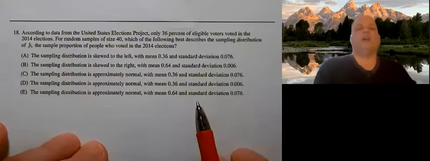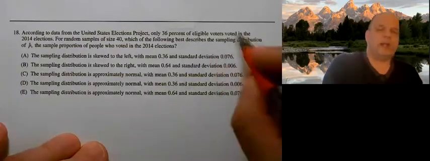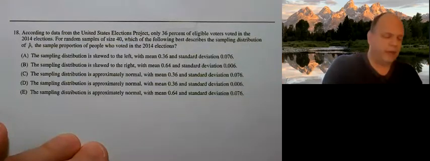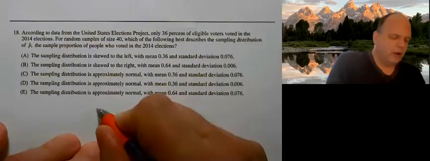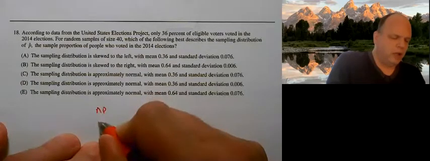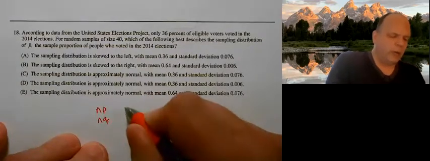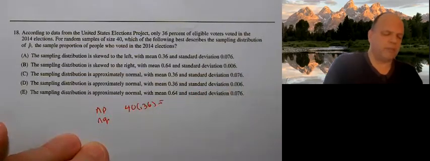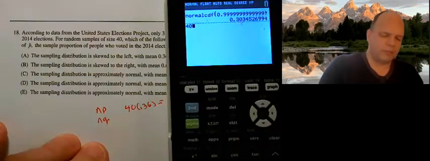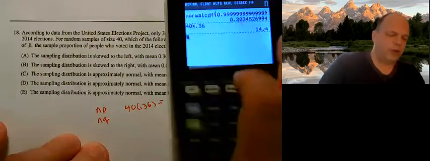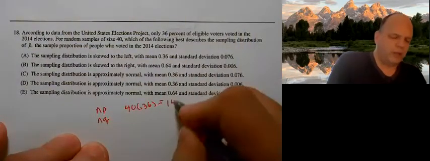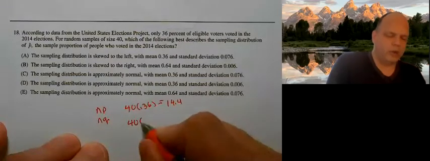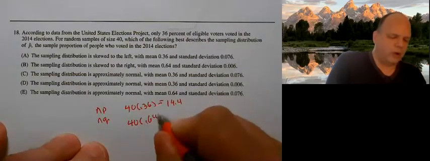Because we have a sample of size 40, we know that it's going to be normal by central limit theorem. And we can check this out by np, nq. So 40 times 0.36 is 14.4. That's greater than 10. And we also have 40 times 0.64.